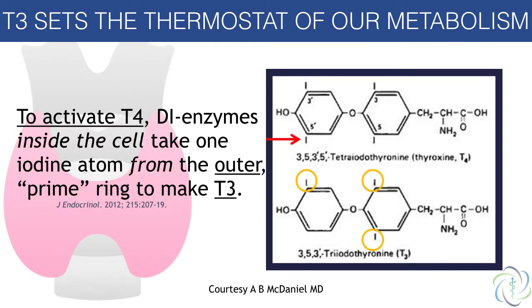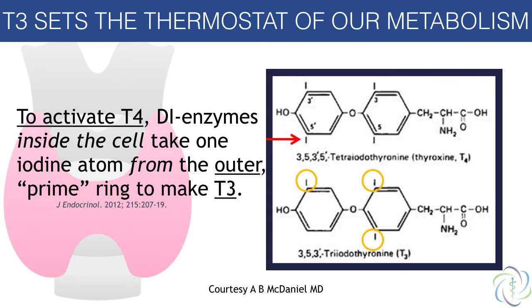So the T3, which is partially secreted from the thyroid gland and partially made by activation of T4, sets the thermostat of our metabolism. So you can imagine if your thermostat is set too low in regards to your metabolism, you will not be able to lose weight, even though you starve yourself.